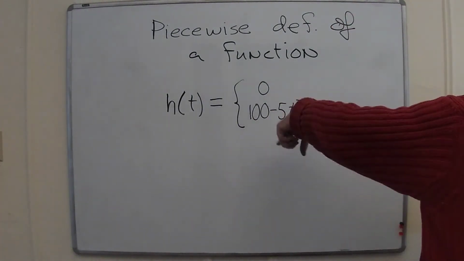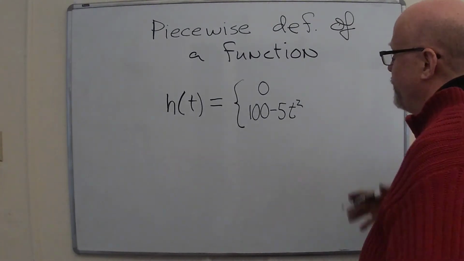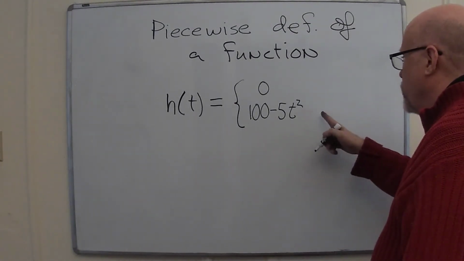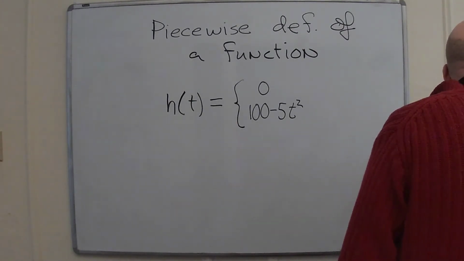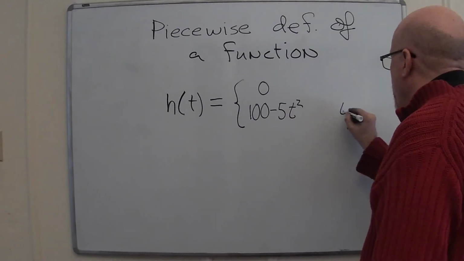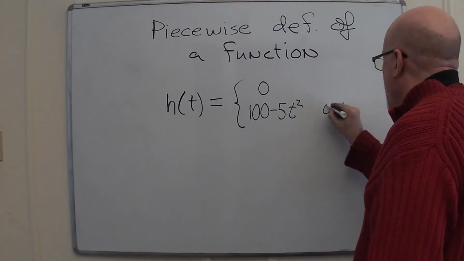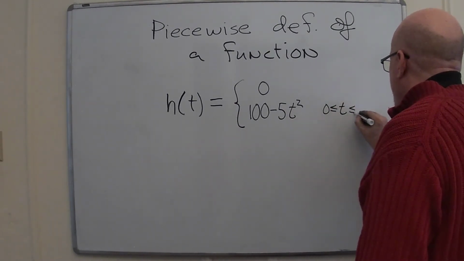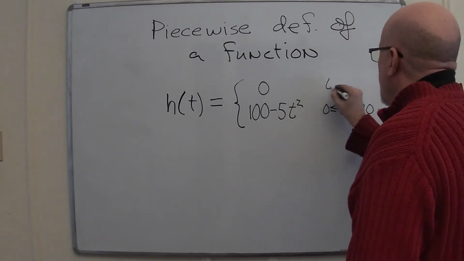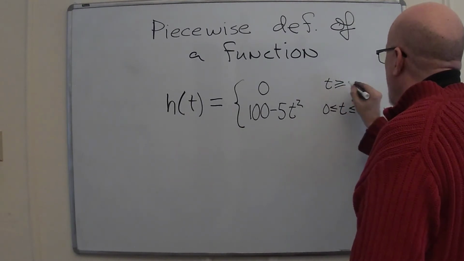All right, so these are the two different rules that you use for computing. The one that's more difficult is only used in a certain interval. It's used when t is between 0 and 20. And this other one is used if t is greater than 20.